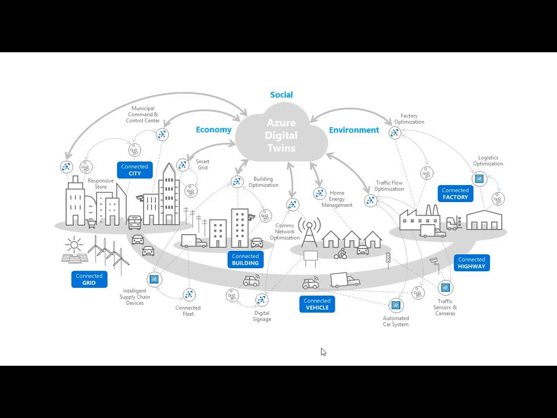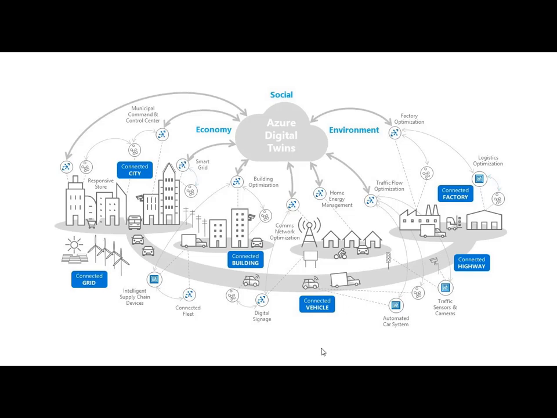Here is my last slide, and it shows you how digital twins are connected to almost everything in our daily life. Here we can say connected city, connected grid, connected building, connected vehicle, connected factory, connected highway, and we have social environment and the economy atmosphere, and you can see these little circles here.